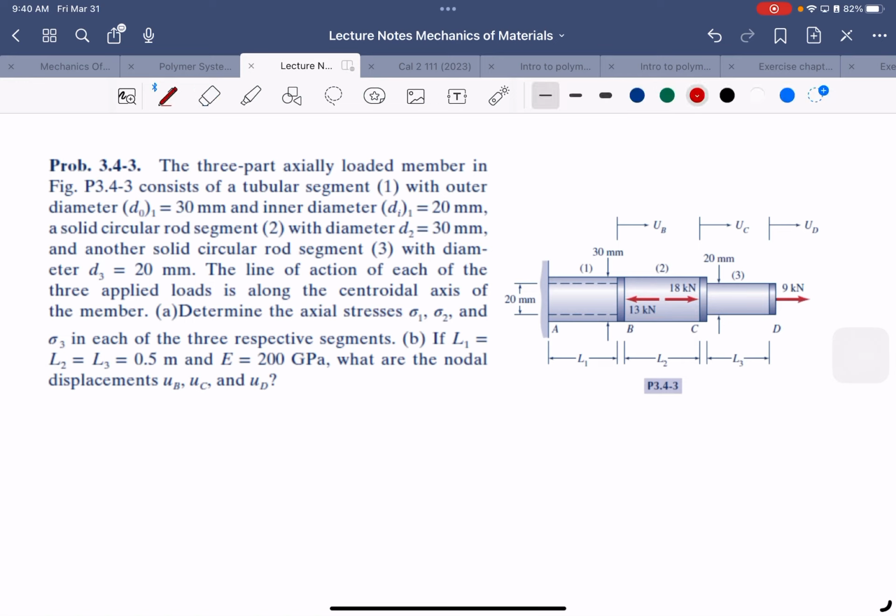So we have three parts, A, B, C, D. So A, B, B, C, and C, D. And it has some forces applied inside.